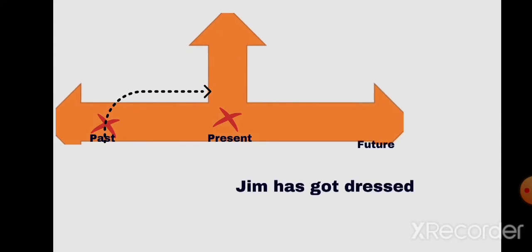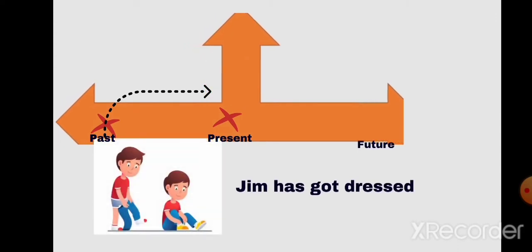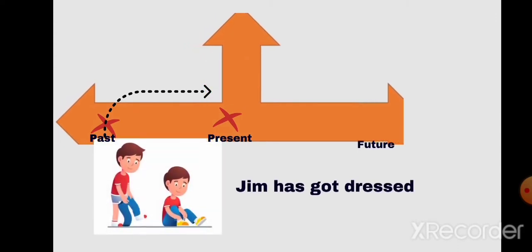When it comes to the usage of present perfect, there are 3 main cases when we use it. First one, when the action starts in the past and continues up to now. Maybe it stops or maybe not, but we don't know. And we don't point the exact time. For example, look at the picture.